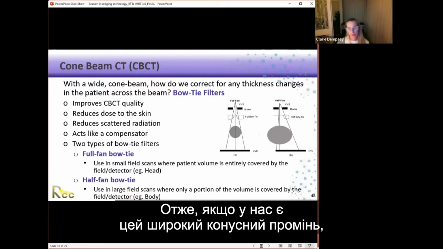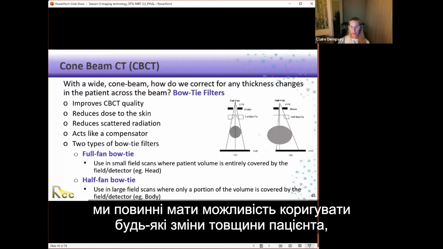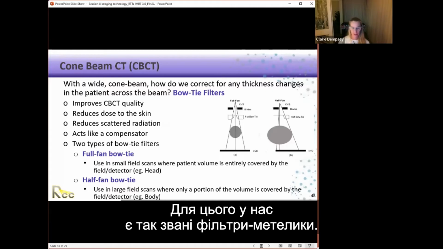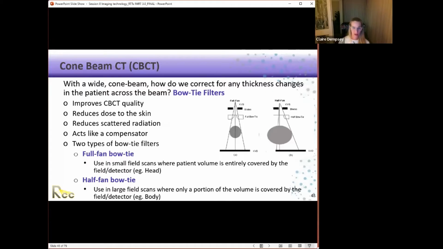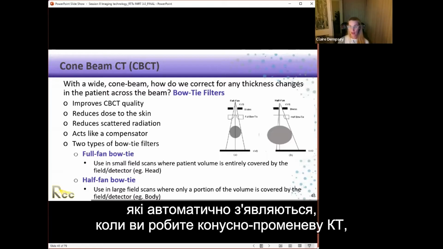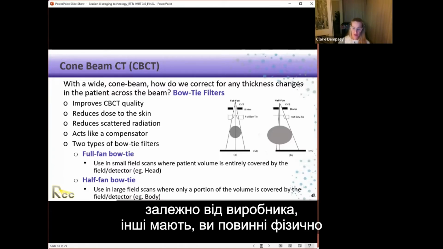Okay, so if we've got this wide cone beam, we need to be able to correct for any thickness changes in the patient as they cross the beam. This is where we have things called bow tie filters. Some Linacs will have automatic bow tie filters that come in when you take your cone beam CT, depending on the manufacturer.